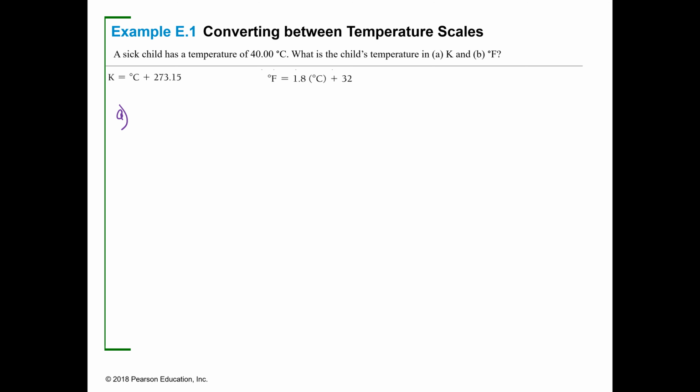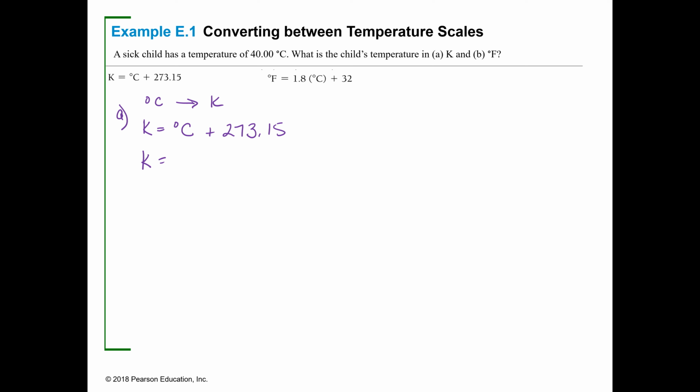If we're going to take degrees C to Kelvin, our formula is Kelvin equals degrees C plus 273.15, which is pretty darn easy.